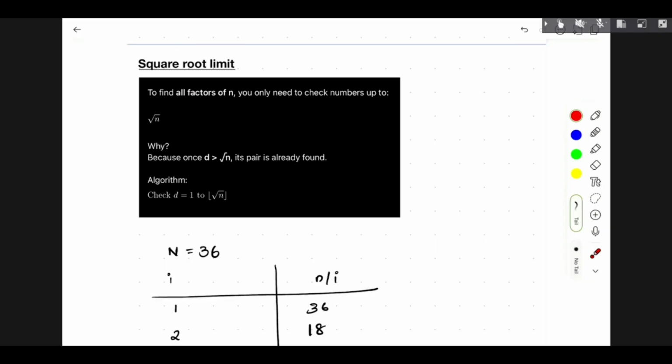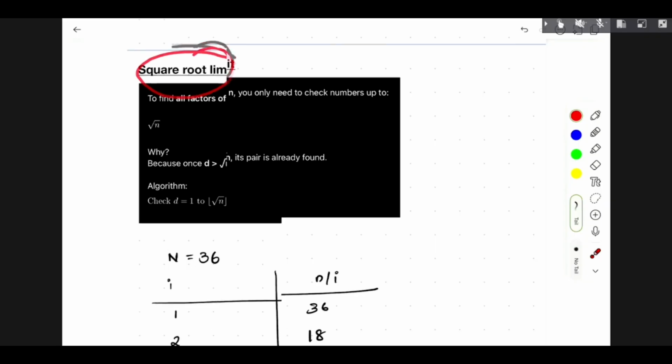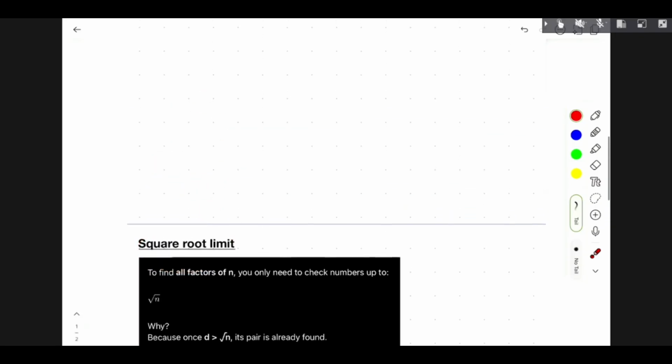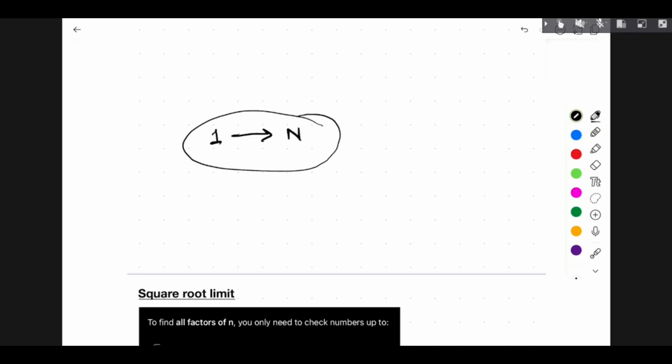So I'm going to use an approach that is called square root limit. A few of you might have had this layman thought process in your mind: I'll be running a loop from 1 to n, and once I get these values, then I'll do the division, right?